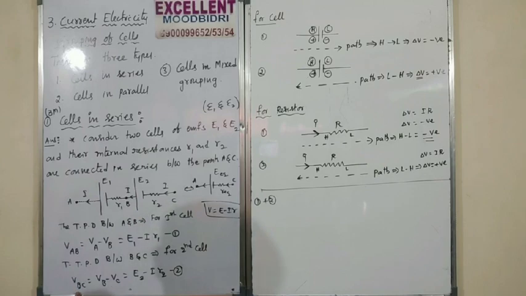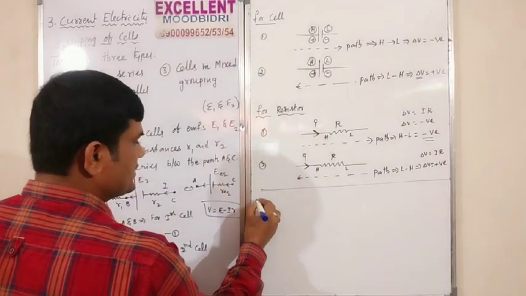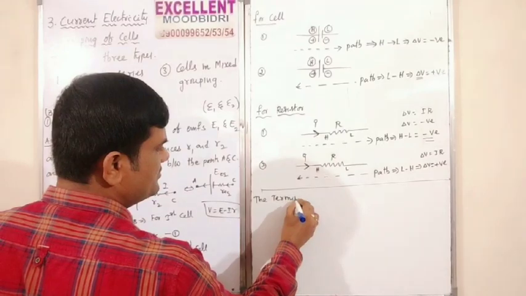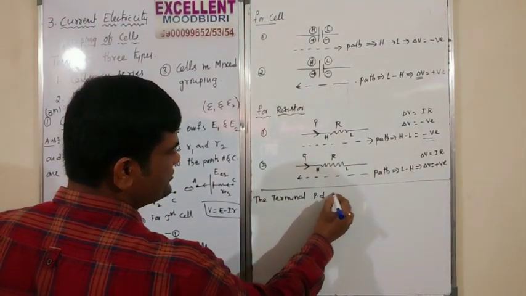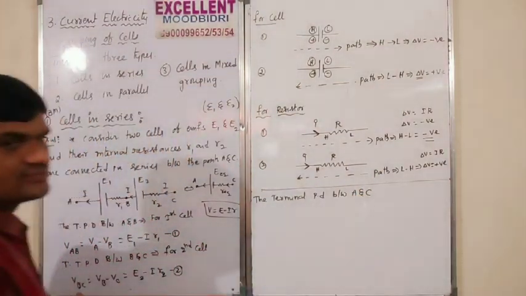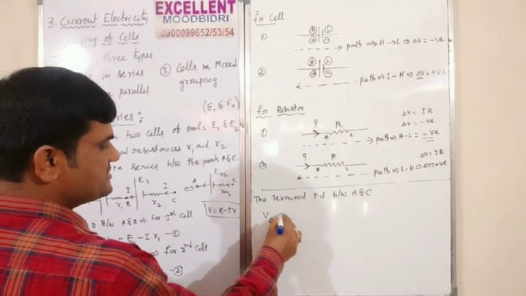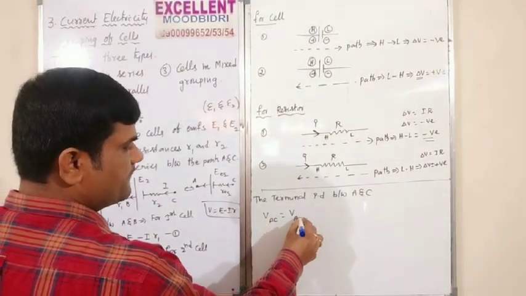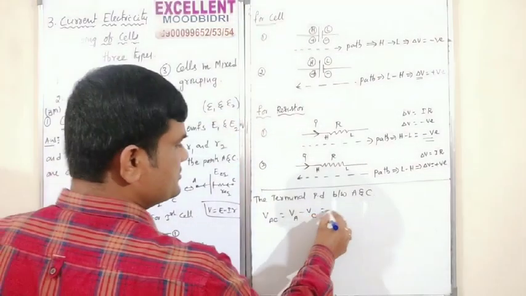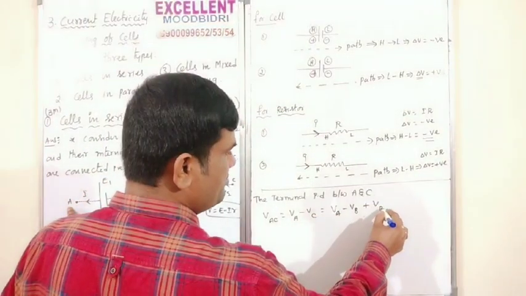Or else, the terminal potential difference between A and C: VAC is equal to VA minus VC, that is VA minus VB plus VB minus VC.